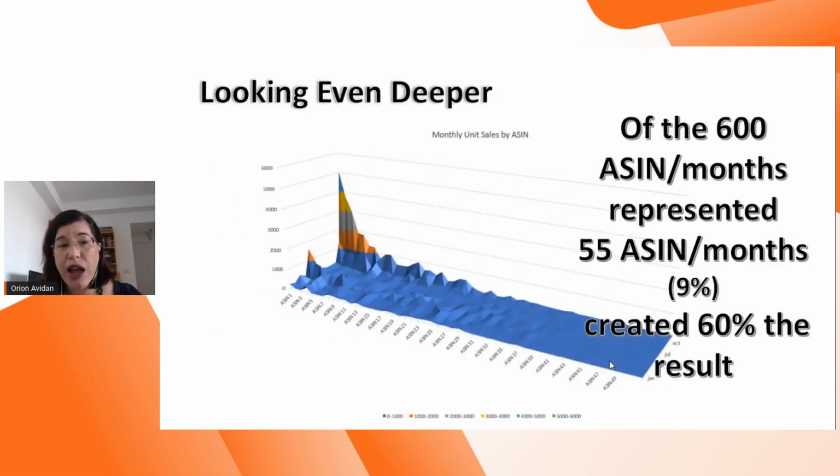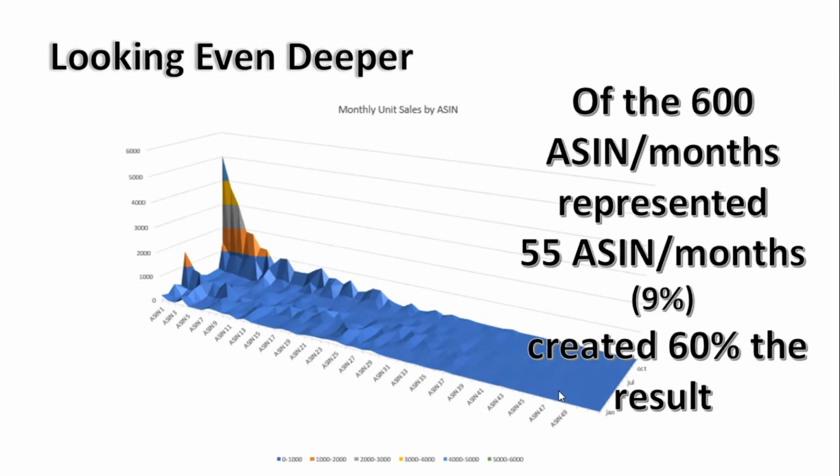And if I drill down even deeper and not look just at the total annual sales, but at the sales per month per ASIN, so in the front axis close to you, you see the same 50 ASINs, but then going deeply into the screen, you see the months of that year. This gives us, instead of 50 data points, 600 data points.